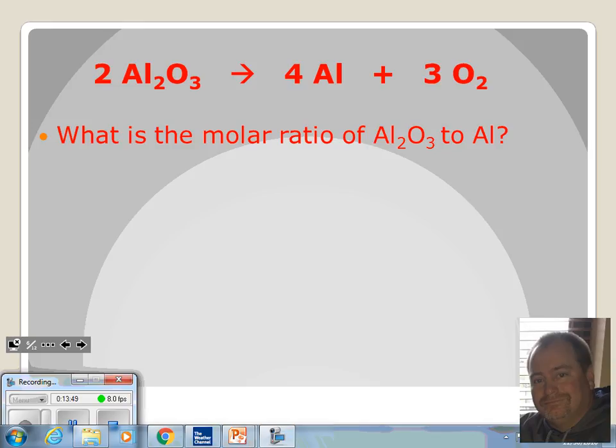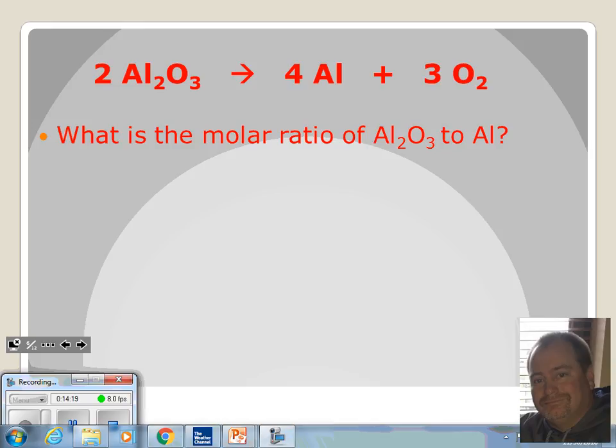Could we get the volumes on this one? We're not dealing with gases, so we don't want to do that. We don't have a molar volume of a solid. So we can't use the volumes here, but we can use masses. We can use moles also, folks. You just don't know how to do it yet, or you probably do, because we talked about this.